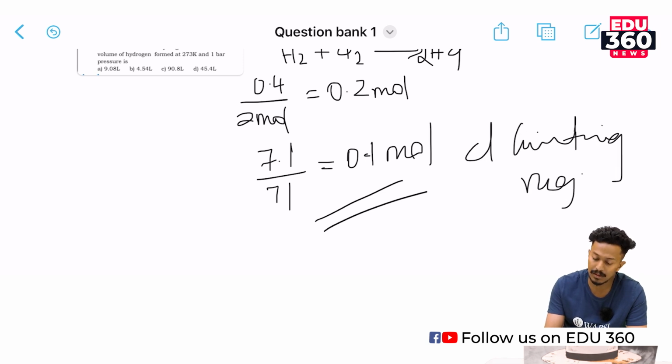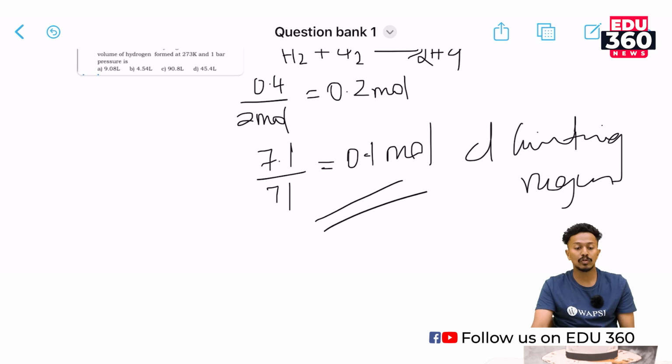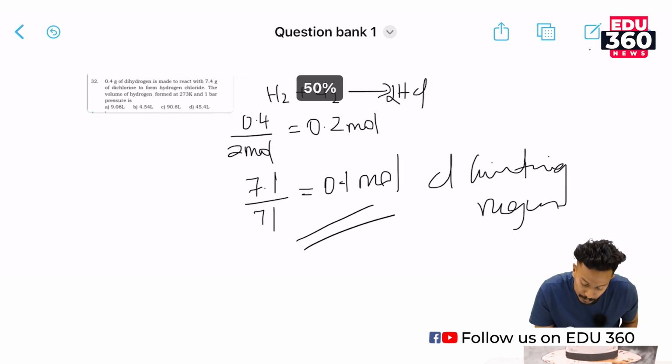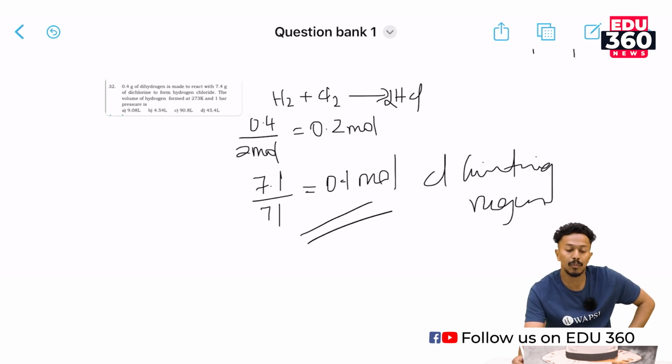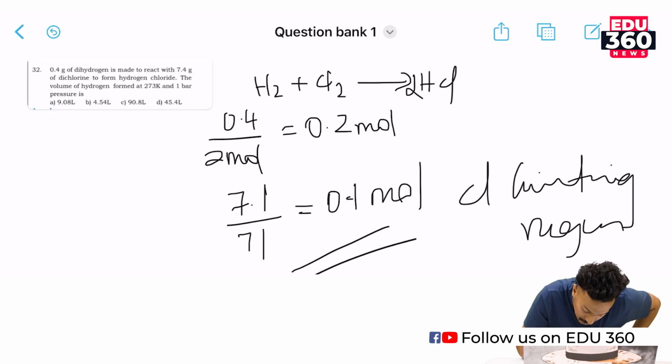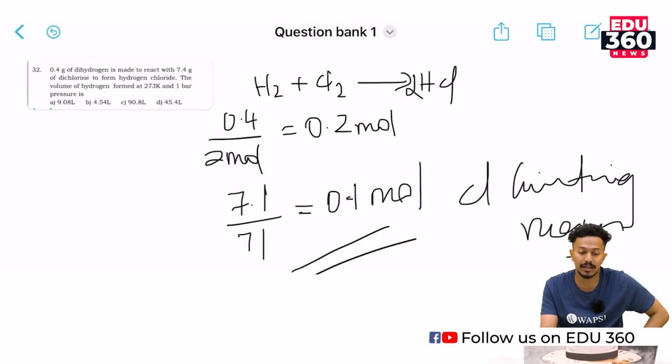Okay, I have written it down here, and we have to find out the volume present here. So 0.2 moles of HCl will be formed. We do know that 0.2 moles of HCl are present.